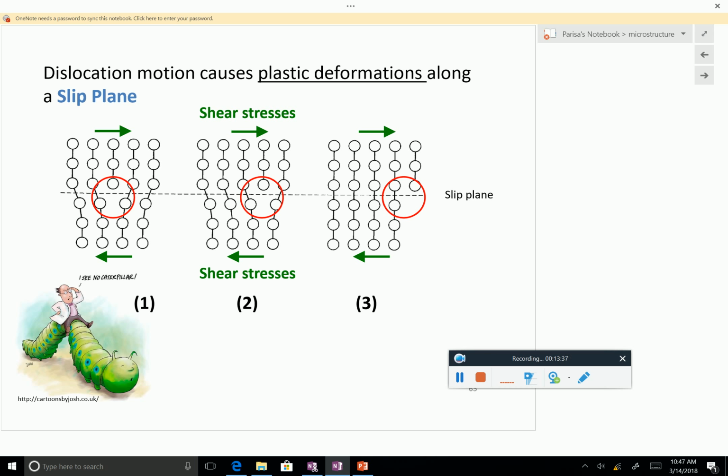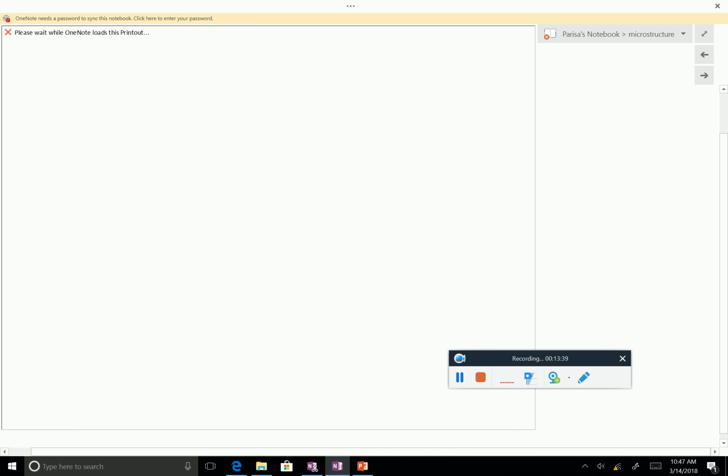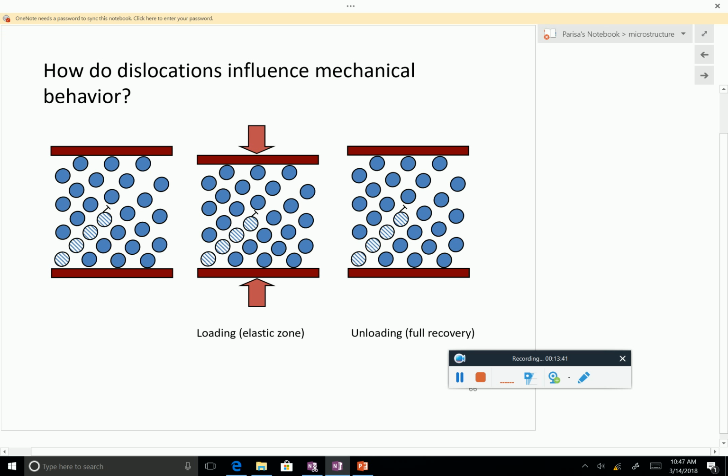So if you have a dislocation, let's say this is a dislocation, right? They don't really align, and you can think about this as the extra line. If you just apply a little bit of stress, this is okay, in compression, and release, nothing bad happens.